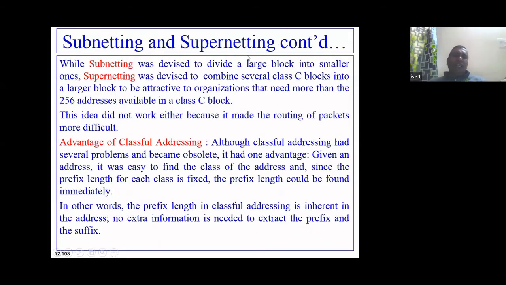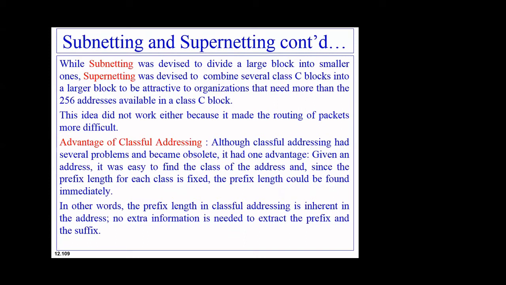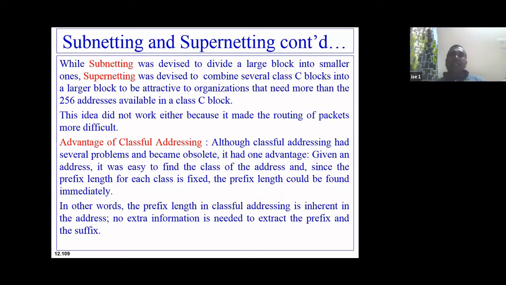The same happened with B class, same with C class, and ultimately nobody was happy with these addressing modes. And the only advantage of classful addressing, despite having so many disadvantages, was that it was very easy to recognize the class of the address just by seeing it. If the first bit is 0, I know that it is a class A address. If the first two bits are 10, it is a class B address.